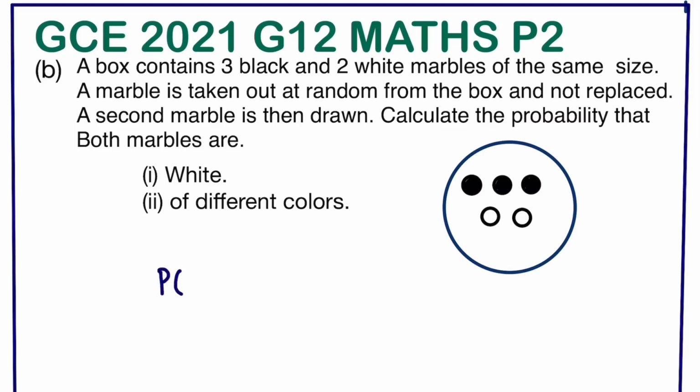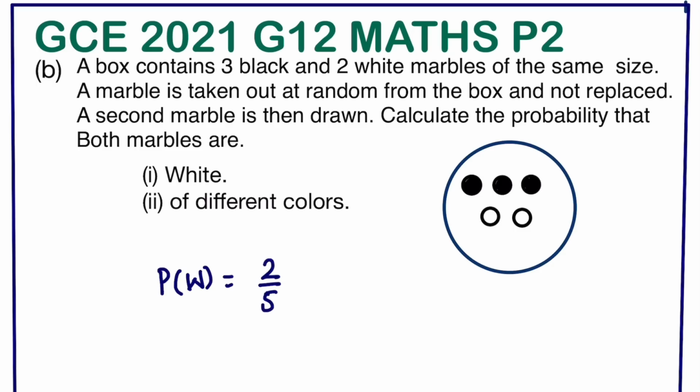So for our first draw, the probability of getting a white: we have 1, 2 white, so it's going to be 2 over 5.